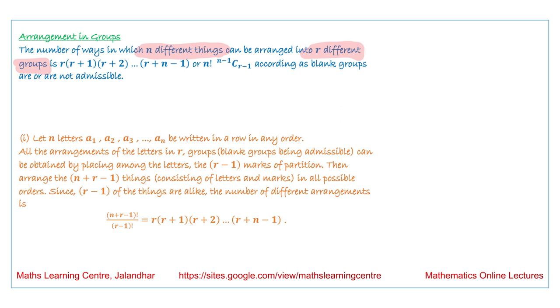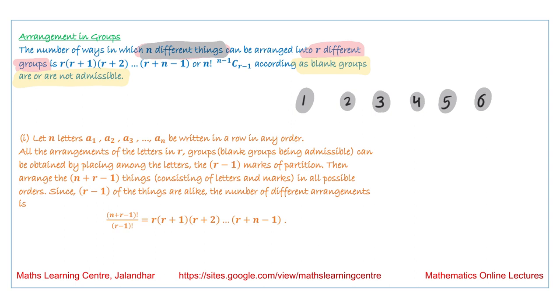And the first case we are discussing is that the blank groups may be allowed or they may not be allowed. So if the blank groups are allowed, suppose we have n different things, say 6 things: 1, 2, 3, 4, 5 and 6.